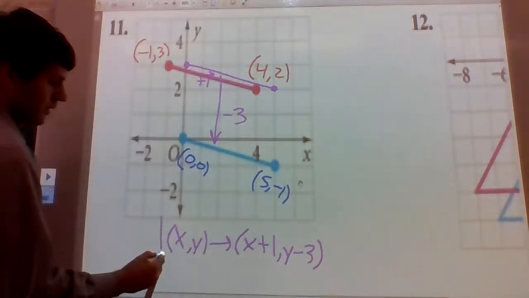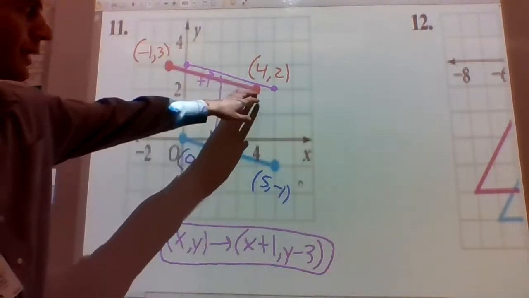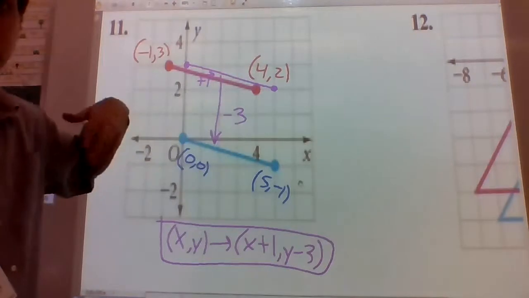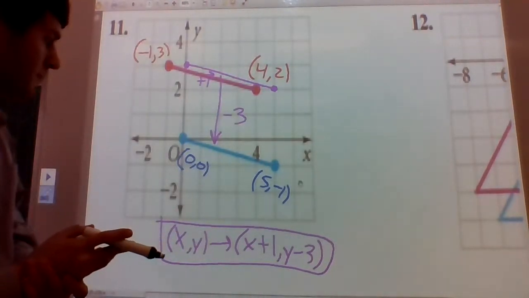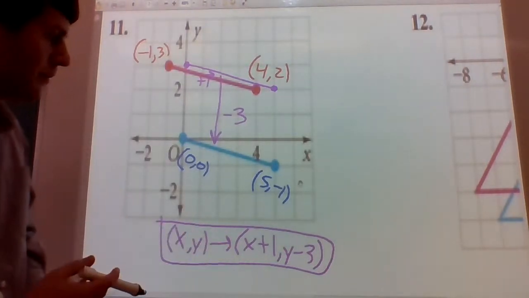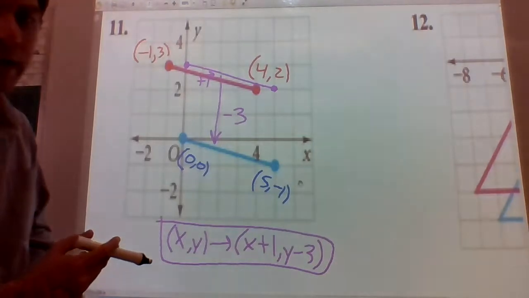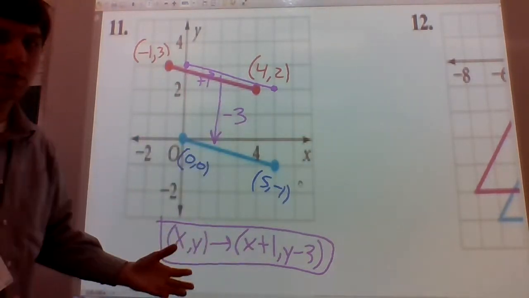Okay, so this is the notation we have to use to write our rule. We pick a point on the first one, x, y, which represents any point on that red segment. To find where it gets translated to, we use the mapping notation of x plus 1, y minus 3. You pick any point on the segment, substitute it in here, and it'll tell you where it's at.